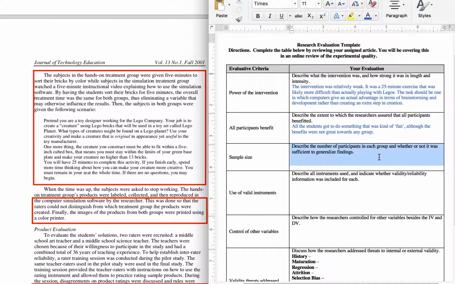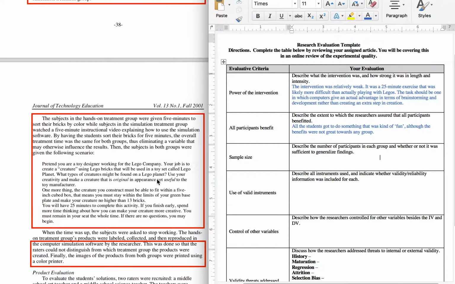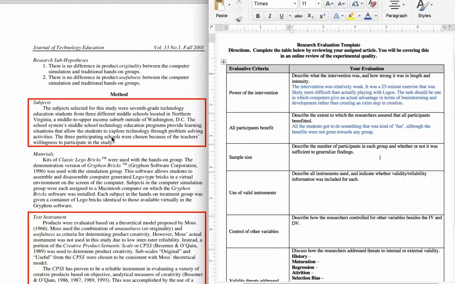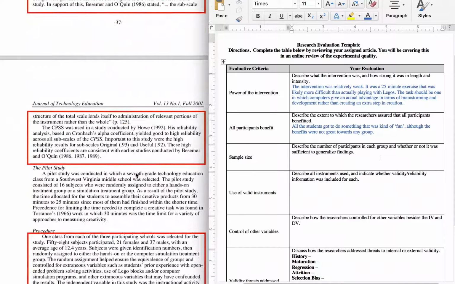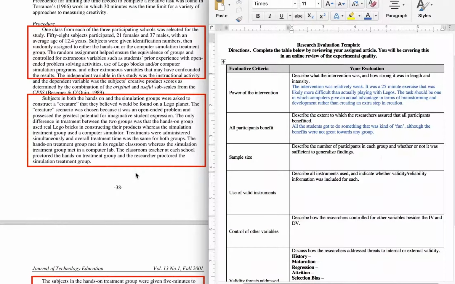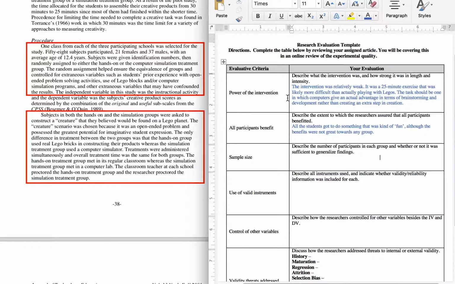In terms of the sample size, right? If we look at our sample, we have subjects for 7th grade technology education students from 3 different middle schools. As we learn later on, a total of 58 subjects were involved, and they were randomly assigned to one of the experimental conditions.